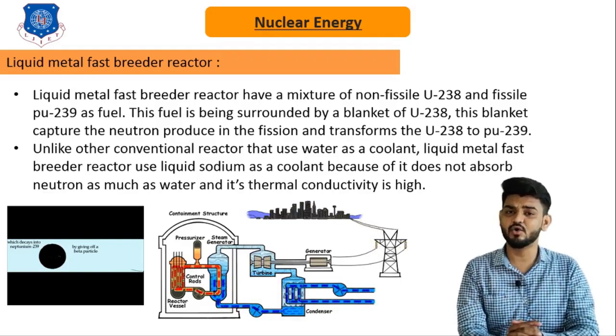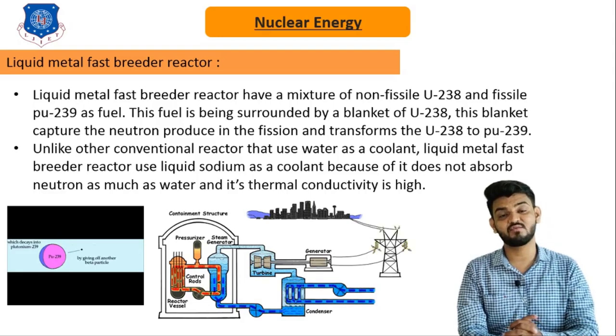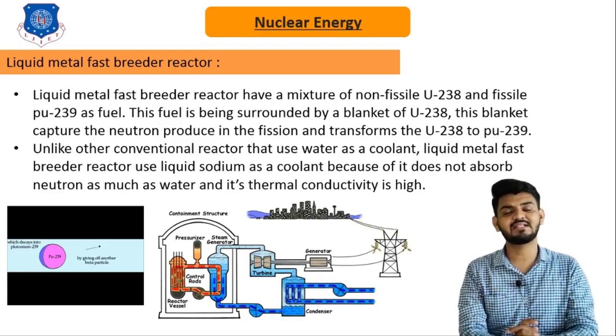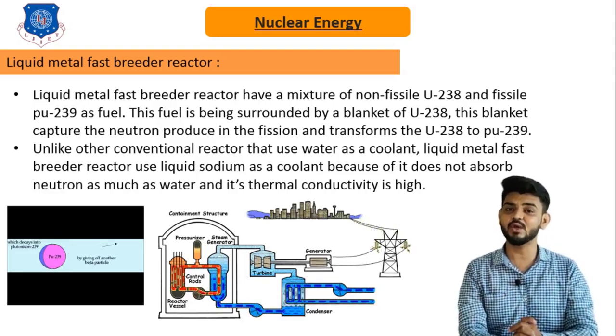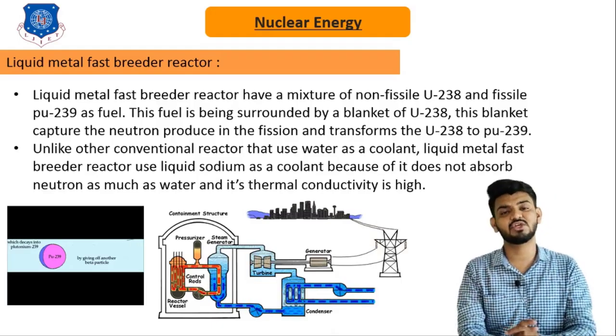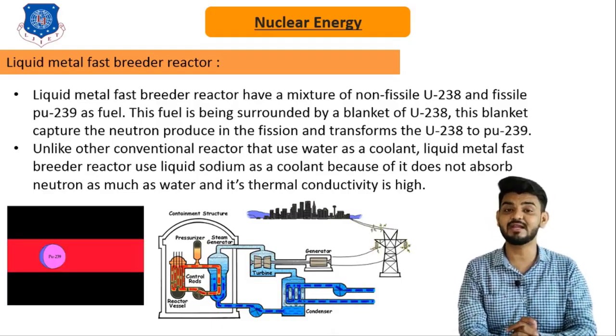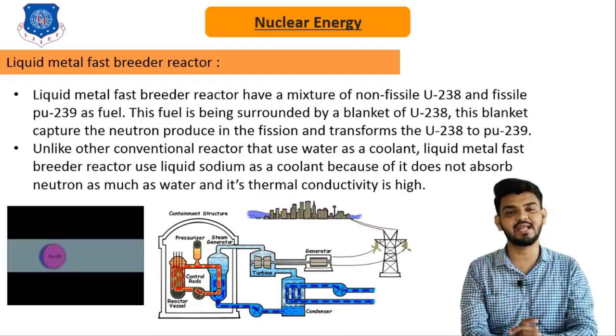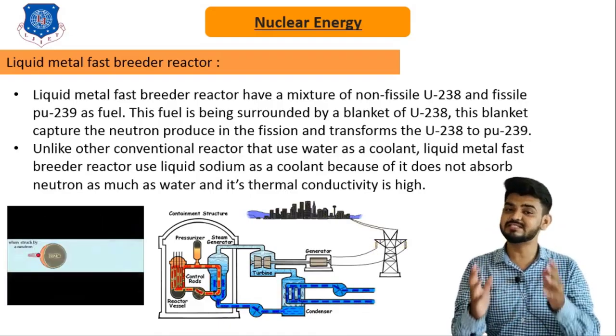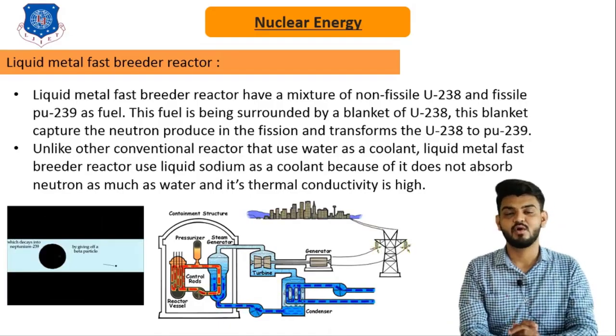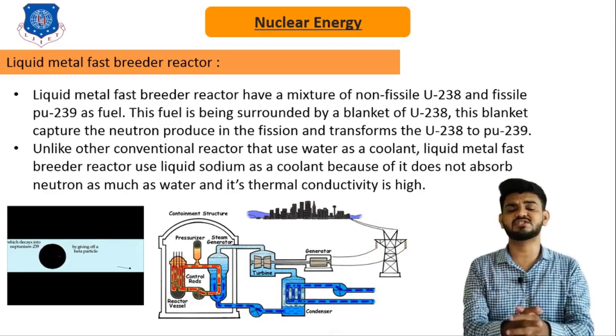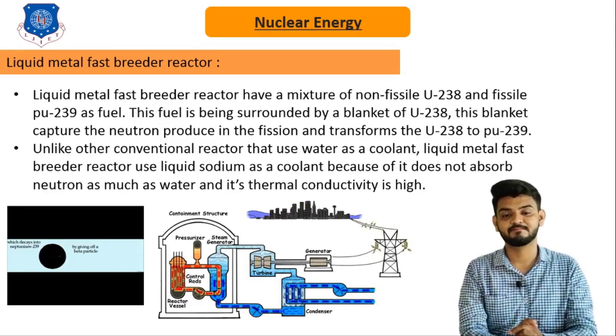So inside the core there will be a nuclear reaction which generates neutrons, and these neutrons will strike the blanket of uranium-238. This uranium-238 will be converted into plutonium-239, which is again the fissile material that can be utilized for the continuous sustainable chain reaction.